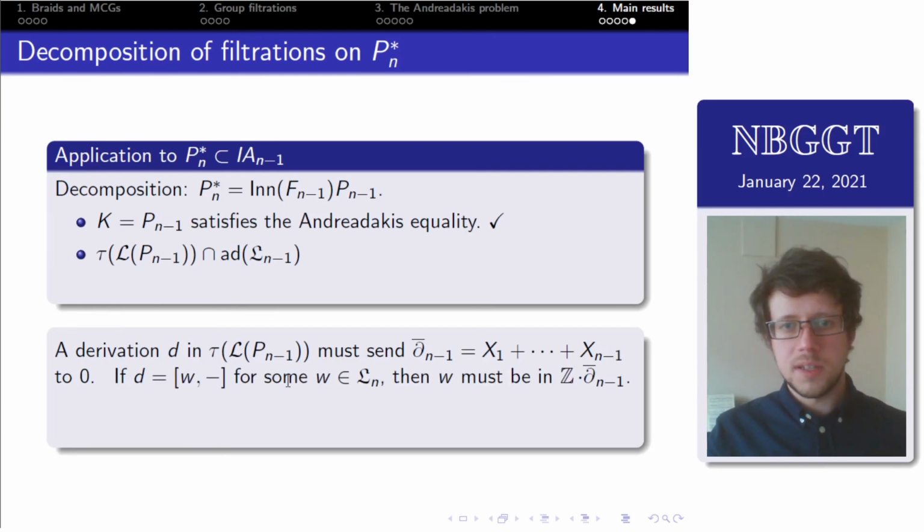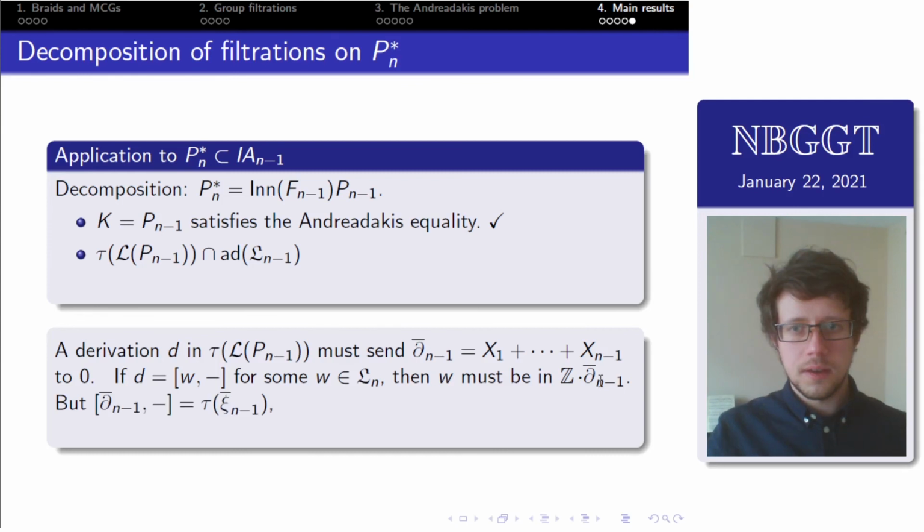So if it is an inner derivation, then W has to commute with this element, and since we're in the free Lie algebra, then W must be a multiple of this element. And we know that the inner derivation associated to this element is the derivation induced by the central element of the pure braid group, so that here we have only multiples of this derivation induced by this element.